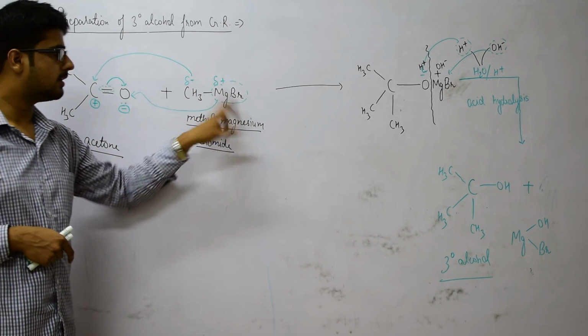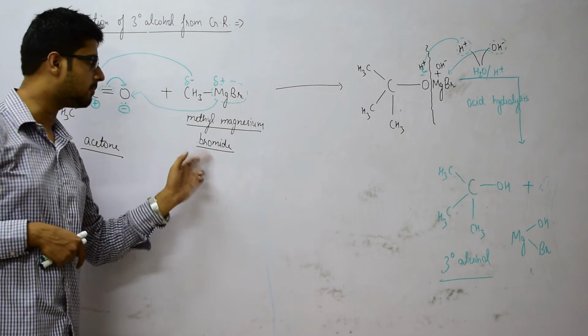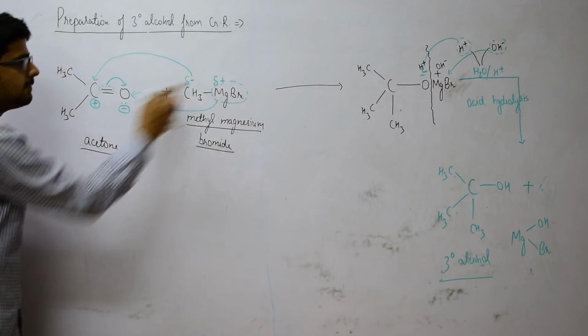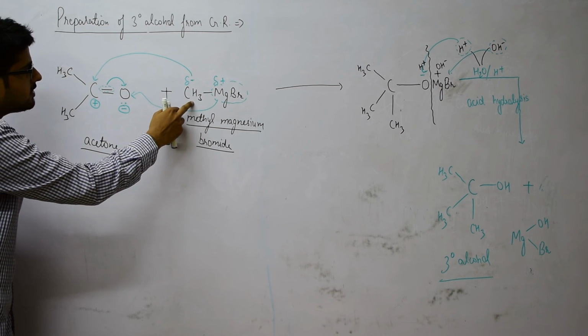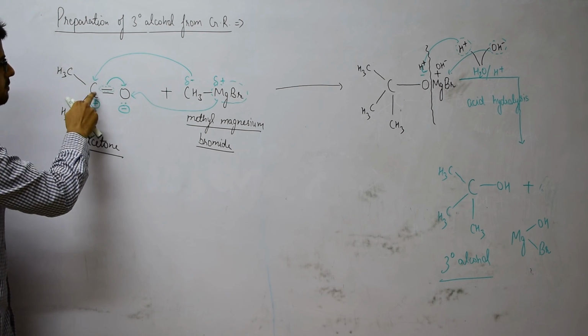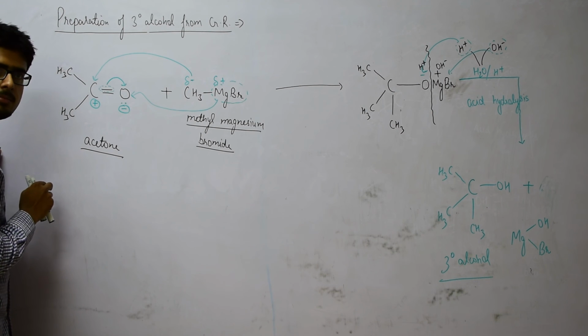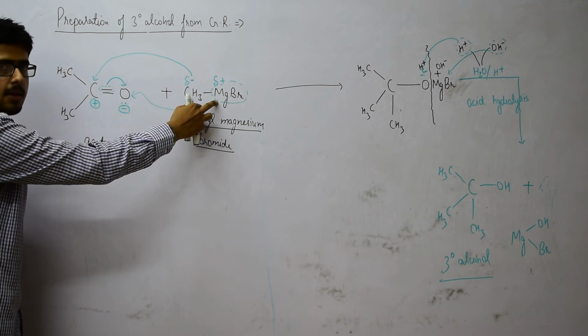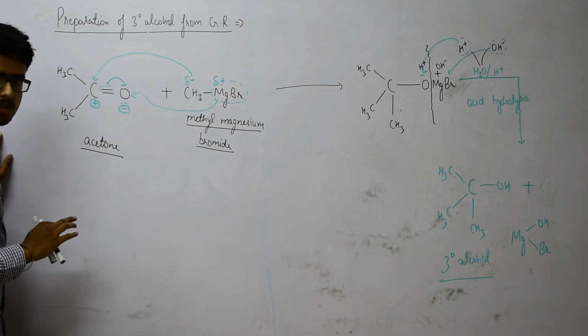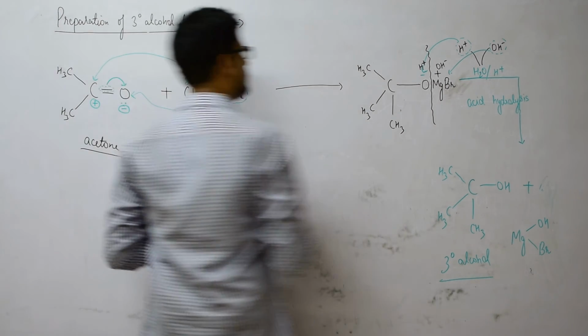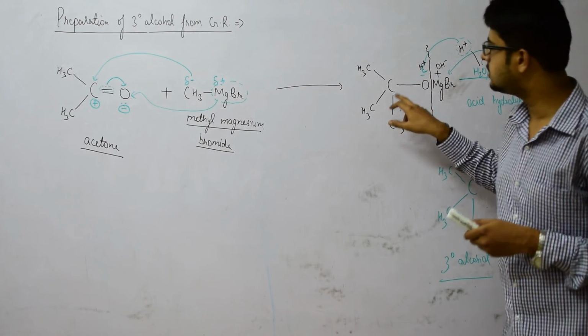This is our Grignard reagent called methyl magnesium bromide. MgBr has slight positive charge and CH3 has slight negative charge. So this negatively charged CH3 would attack this positively charged carbon atom, and the positively charged MgBr will attack the negatively charged oxygen atom. So our intermediate species would be formed.